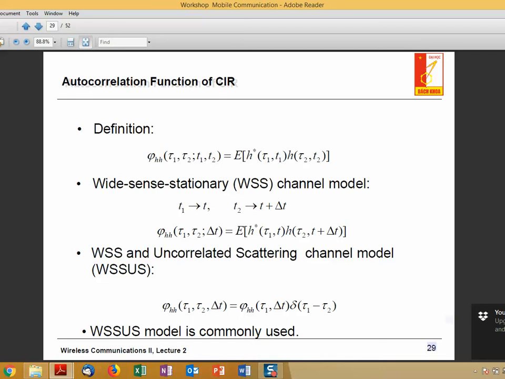And now we suppose that the channel is a wide-sense stationary channel model. This is also described in many books.